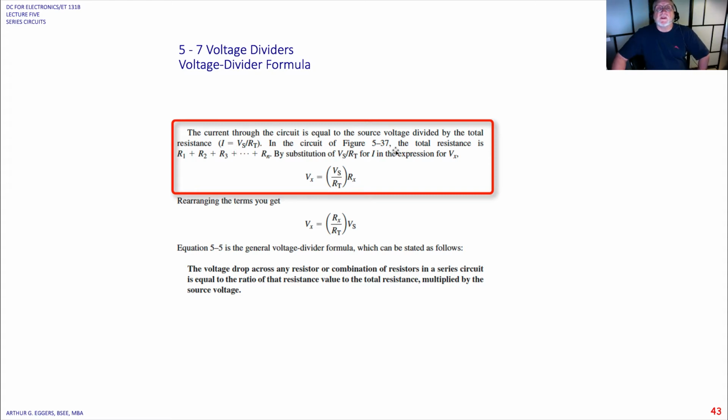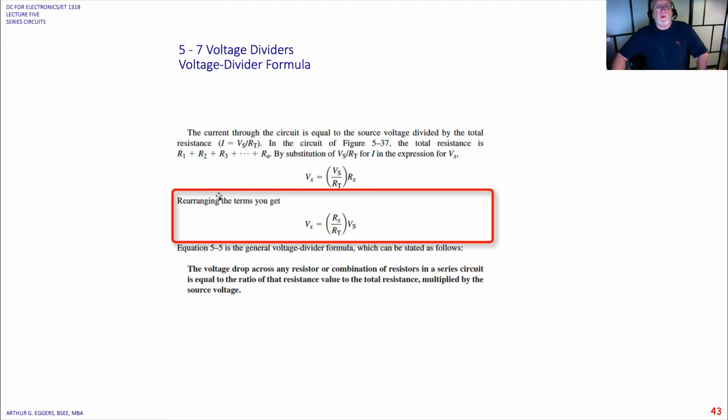In the circuit, the total resistance is the sum of all of the resistors in the circuit. By substitution, Vs over RT for the total current in the expression for Vx is equal to the source divided by the total resistance multiplied by the resistor of interest.